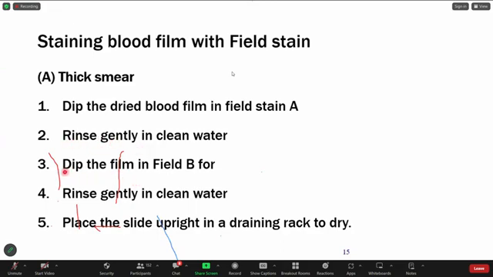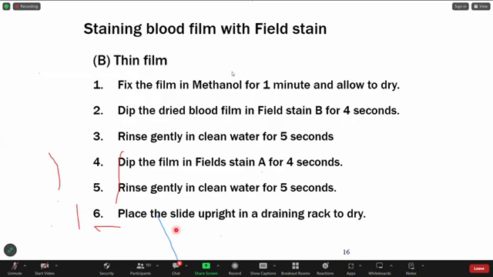Again, the time of dipping the film in Field stain B depends on the thickness of the smear. Then rinsing and drying. After staining, the drying should be upright. If the smears are on the same slide, and you are drying it upright, let the tail side of the thin film face upwards.